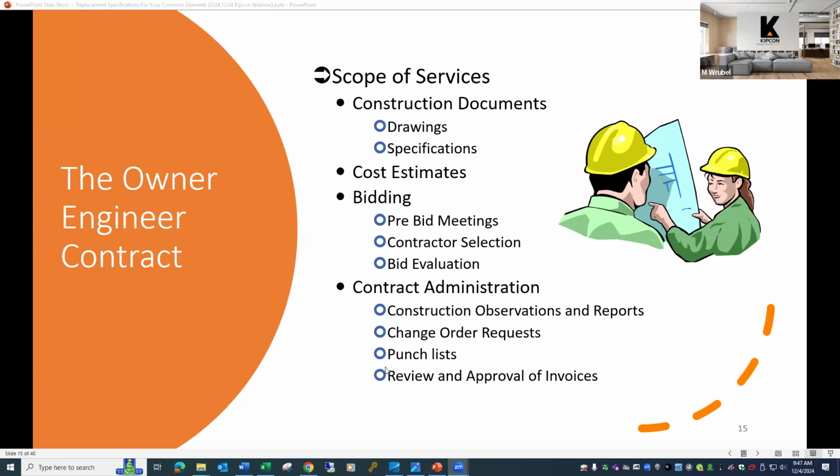These become punch list items which the contractor would then address before final payment is released. And with contract administration, another service the engineer would provide is to review the final invoices and approve them when the work of the contractor is complete.